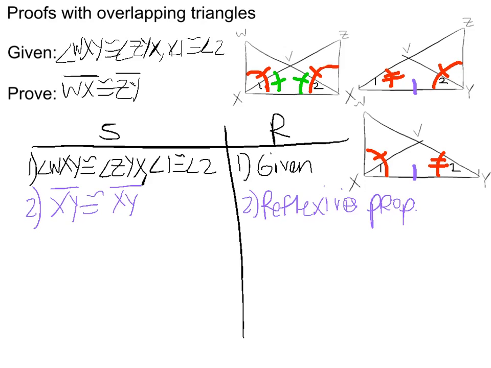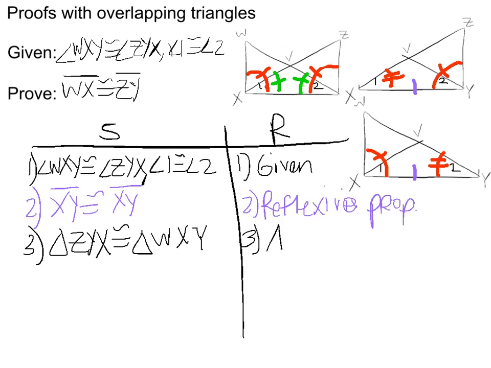Now that I've done that, I can say these triangles are congruent. So I'm going to go back to my black pen, and I'm going to say triangle ZYX is congruent to triangle WXY by angle, side, angle. So I'm going through the 1 angle to the 2 angle. So WXY will be my other triangle.